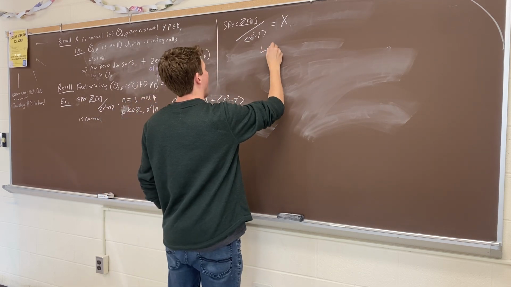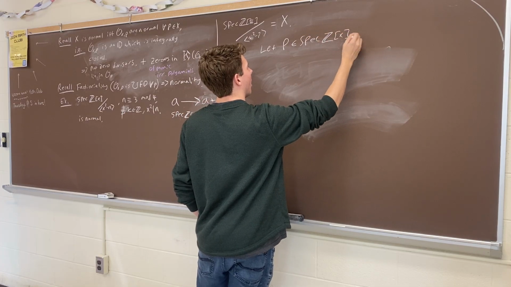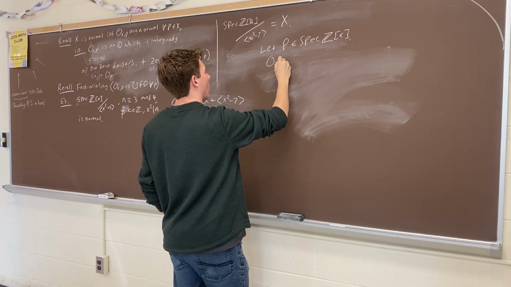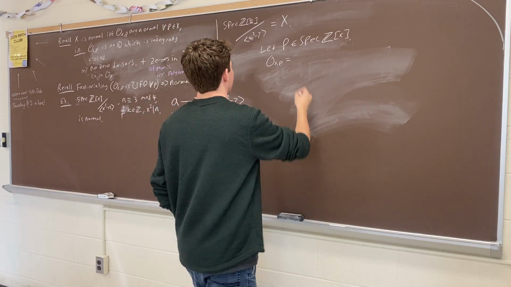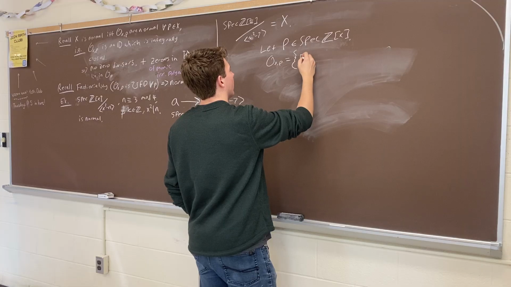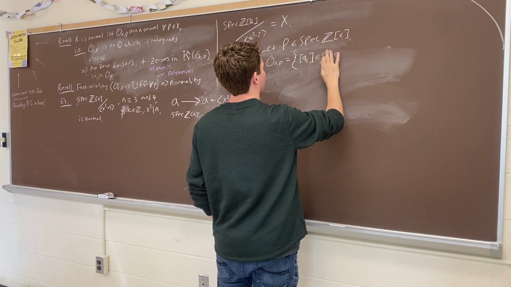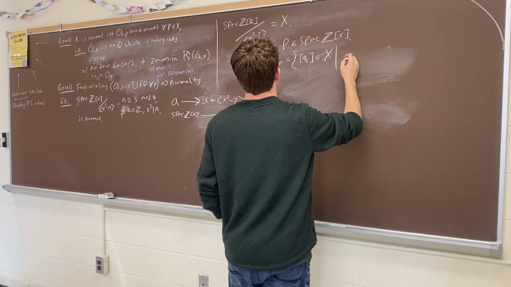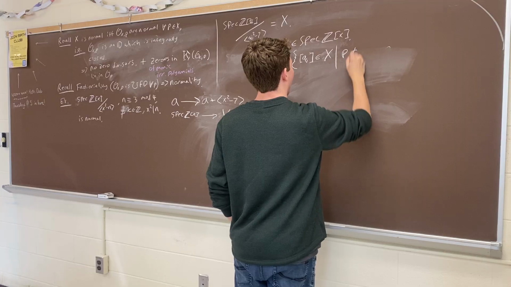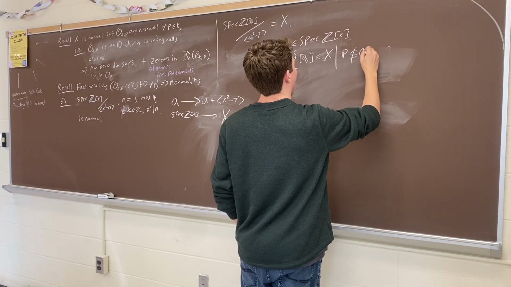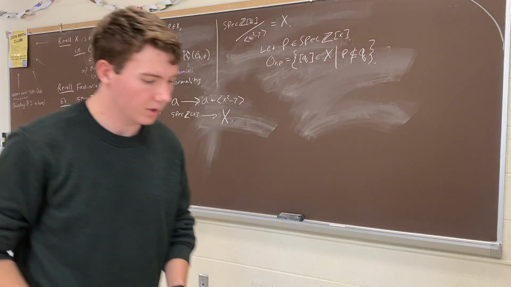So then the stalk at P is the set of Q in our scheme such that P is not contained.